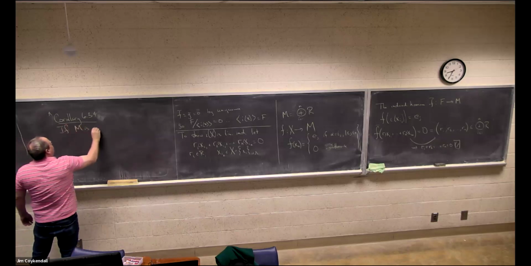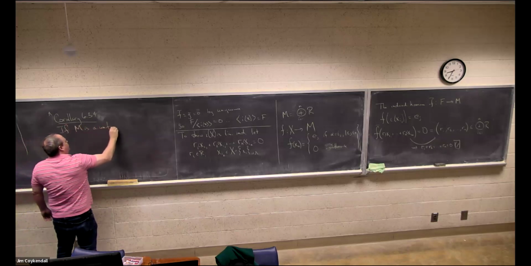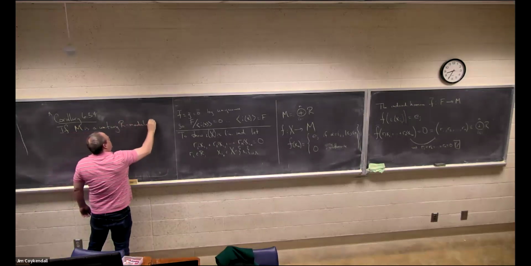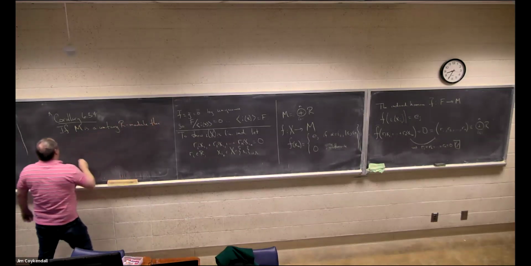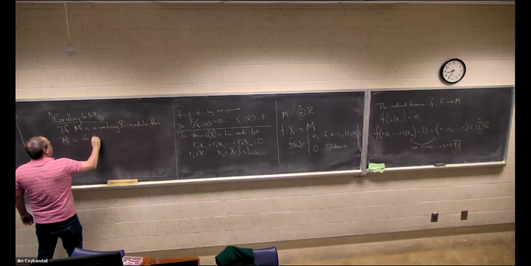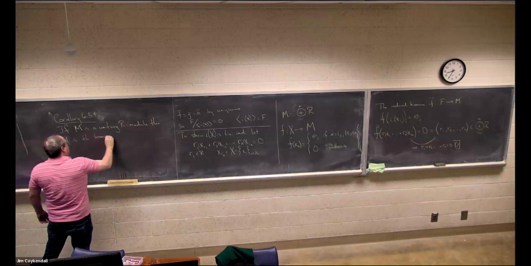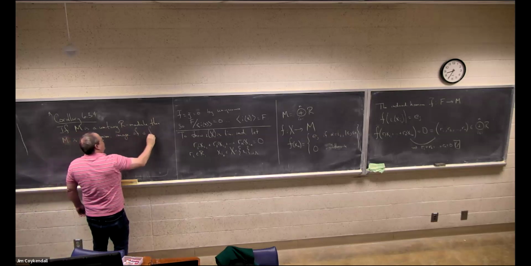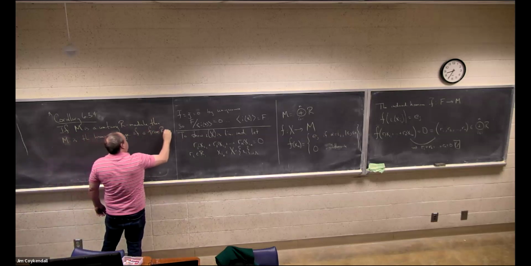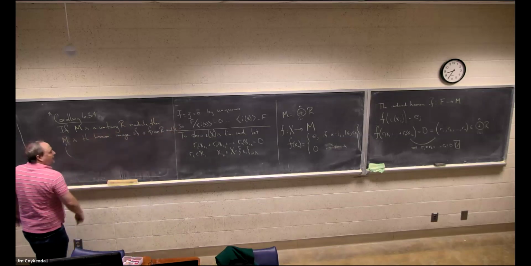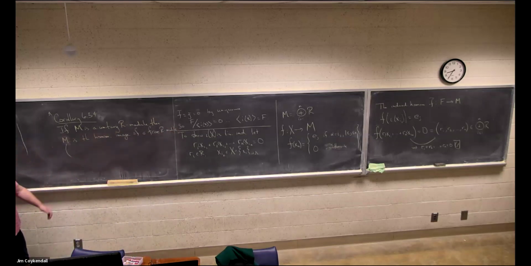If M is a unitary R-module, then M is the homomorphic image of a free module. And this is another important offshoot if you're interested in the theory of computational commutative algebra.